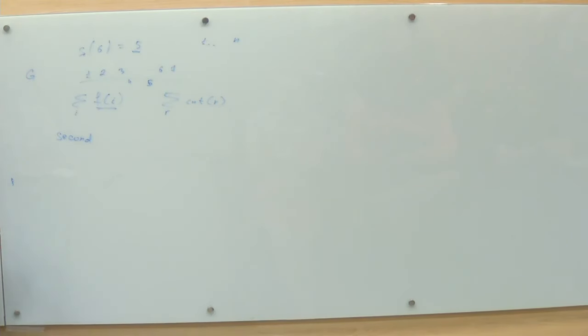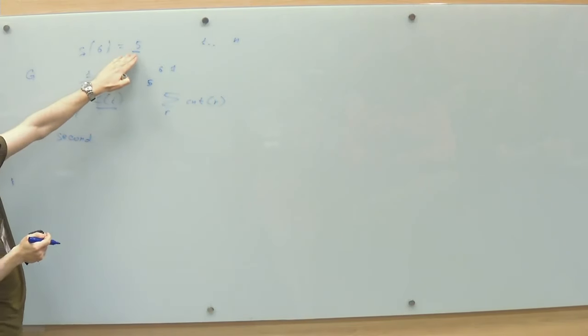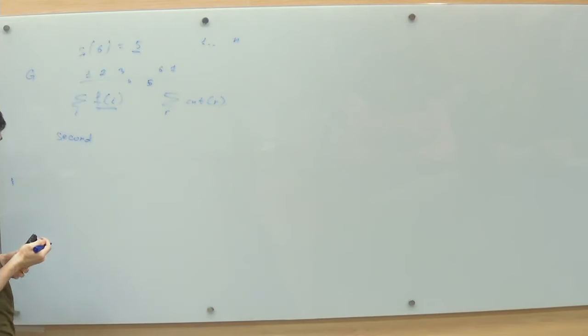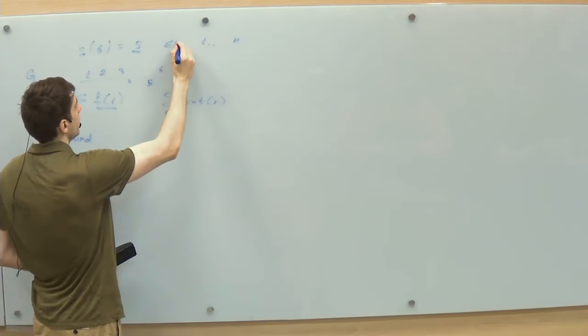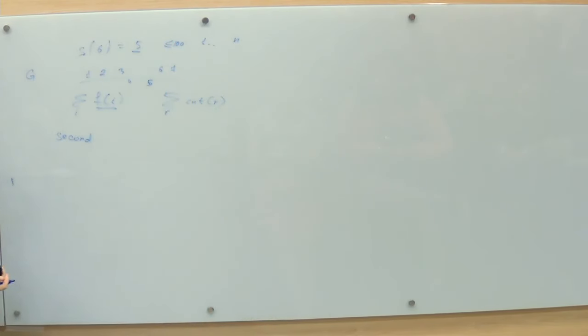First, we can notice that the value of this function is always not very large. It's always no greater than 100, given the restrictions in the statement, and it's very easy to prove.